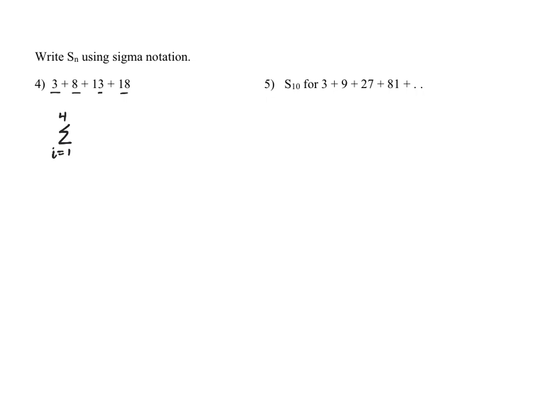So we'll write the definition for an arithmetic term. So we would say 3 plus 5 times, not n this time, but i, because that's what we're counting by, minus 1. And then generally in summations, we go ahead and clean that up algebraically. So we would say -2 plus 5i.